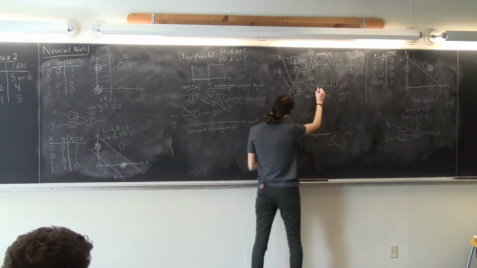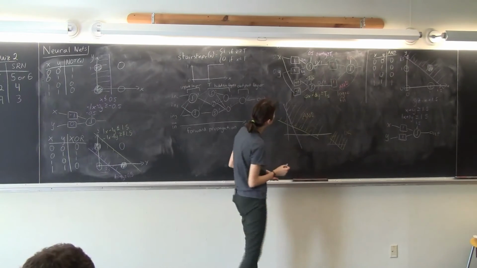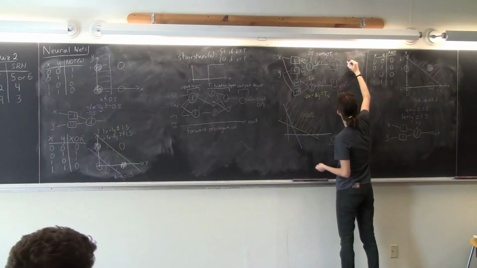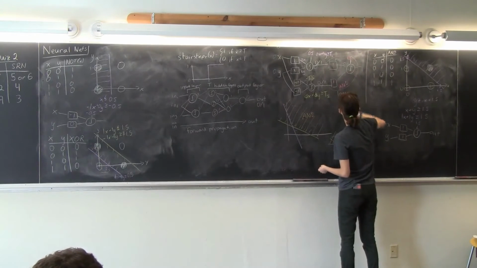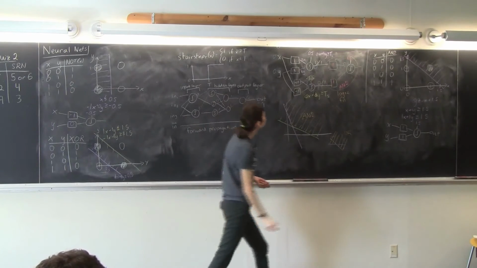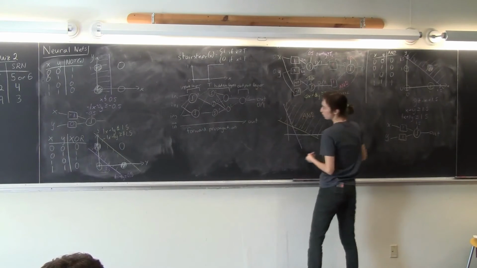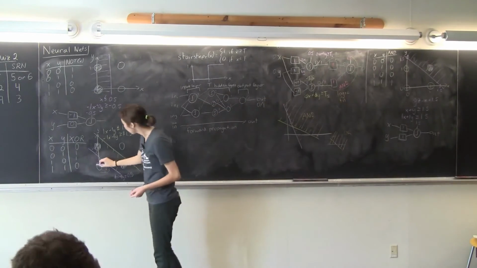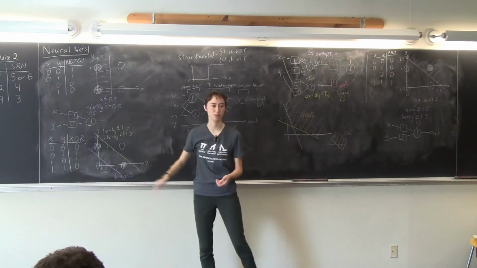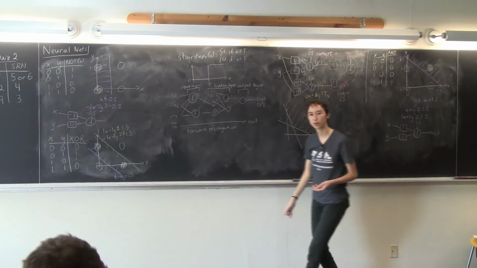But then here we would get a 1, because 0 is greater than negative 1.5. So we would multiply those by these weights and get 0 and 1. And what would we get out in the end? 0. And so that's correct, because we were looking at this point and it's supposed to be a 0. And you could do the same thing to check the other points, and you would see that you would get 0 or 1 as you expect.